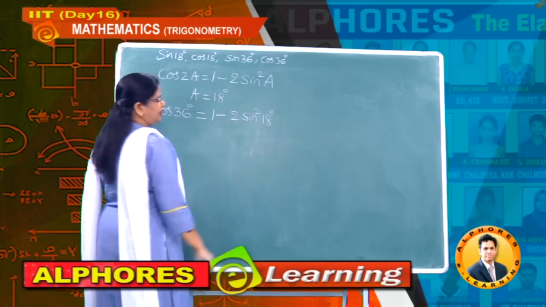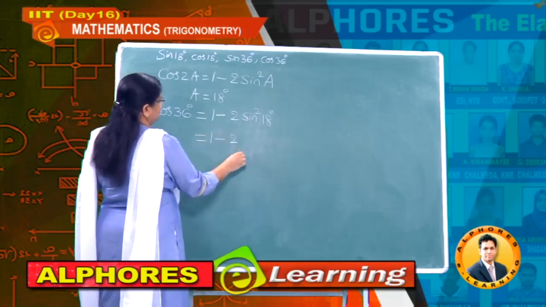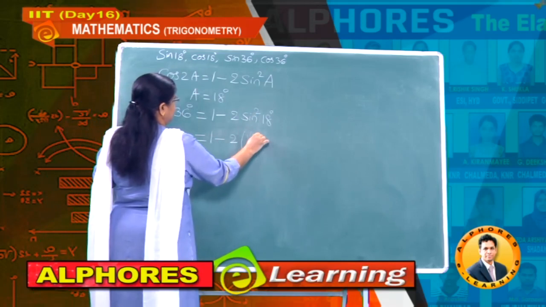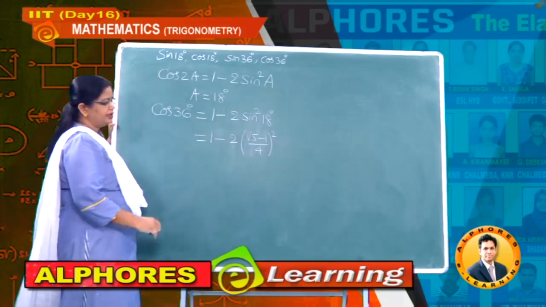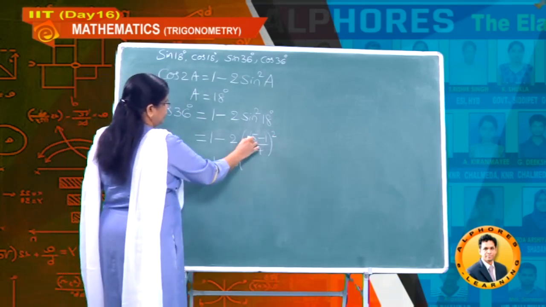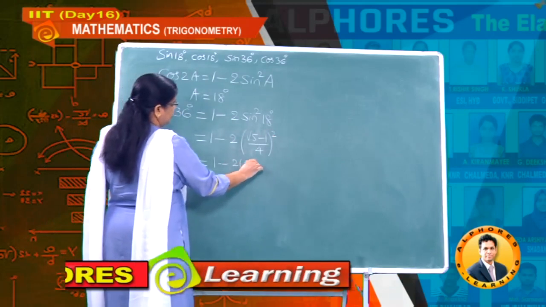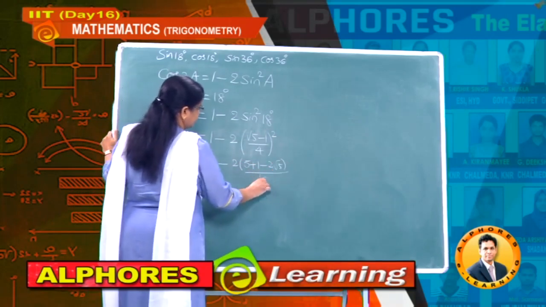Now, what is sin 18 degrees here? It is nothing but 1 minus 2 into root 5 minus 1 divided by 4 whole square. Okay. So, this value implies 1 minus 2 into, let us multiply, that is 5 plus 1 minus 2 root 5 and divided by 16.